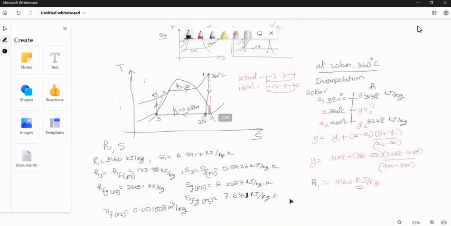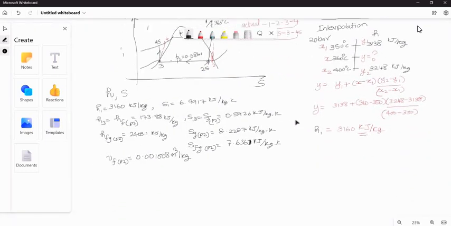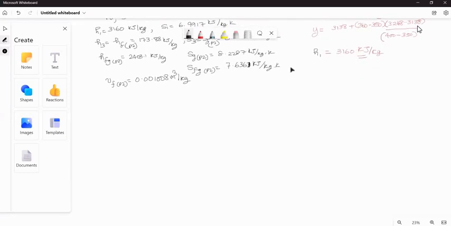So now I will show you. You can see S1 is equal to S2S. S1 is already found, 6.9917.